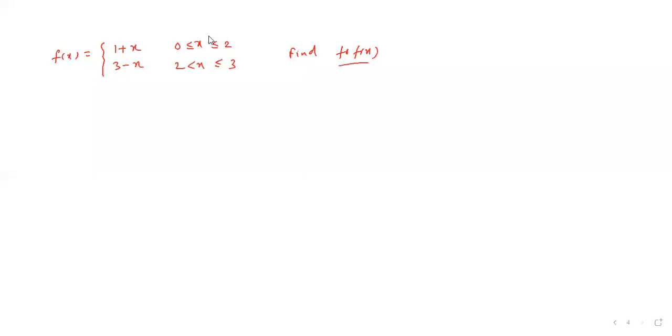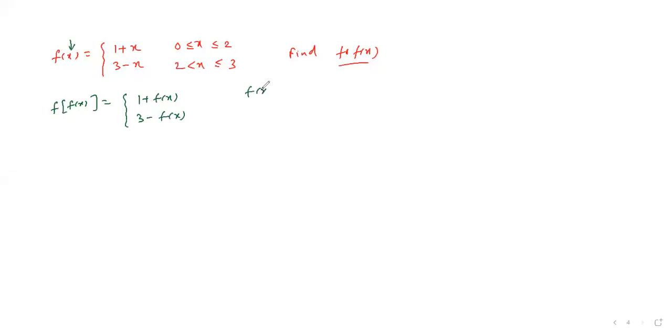So I'll obviously write my first step as I'll replace x by f(x). I'll get 1 plus f(x), 3 minus f(x). x is replaced by f(x). x is here, here, here, and here.